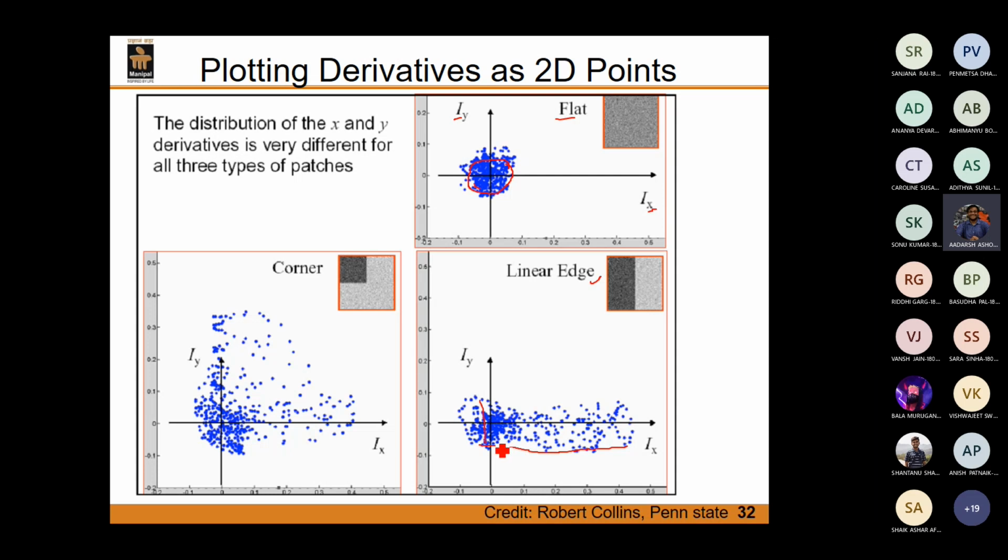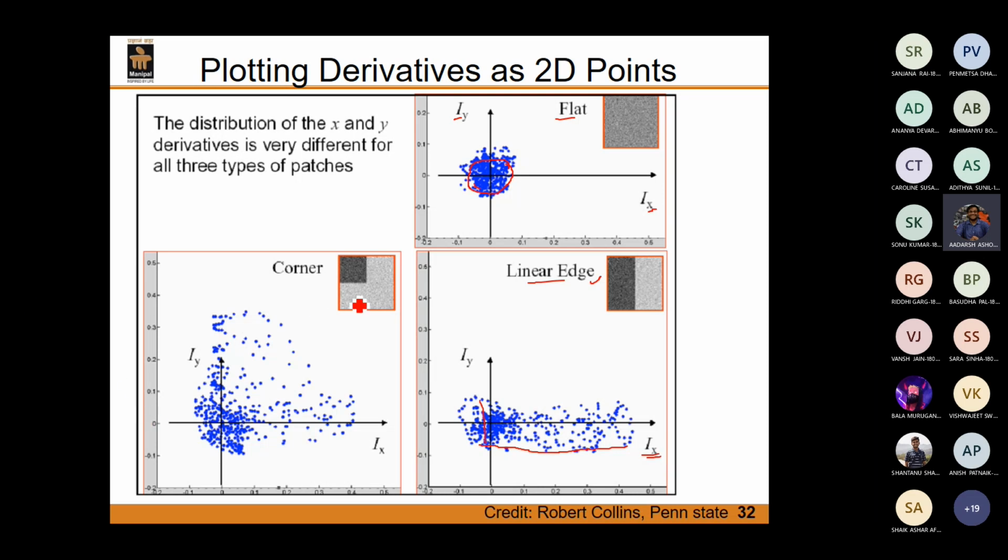So there are significant gradient vectors along the x direction, but not along the y direction. So in the linear edge, you have more significant gradient vectors along the x direction, the Ix. Basically, Ix would be a significant factor here.